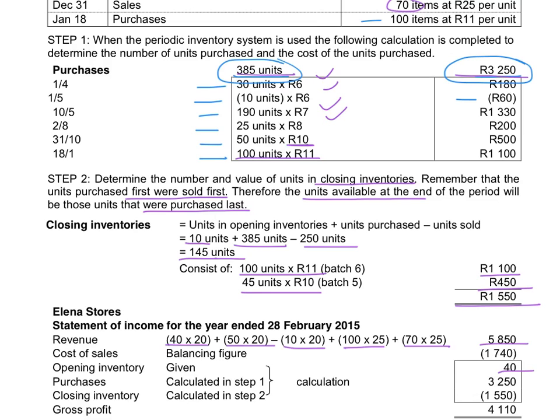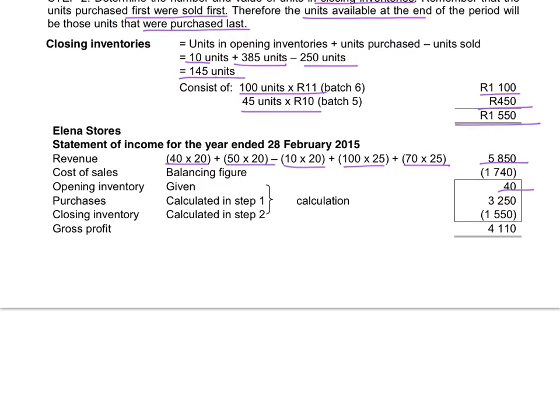So if I record that in my statement, the purchases is 3,250. The closing inventory was calculated as 1,550. So I subtract the closing inventory of 1,550, and that means that the gross profit that we made in the current year was 4,110.